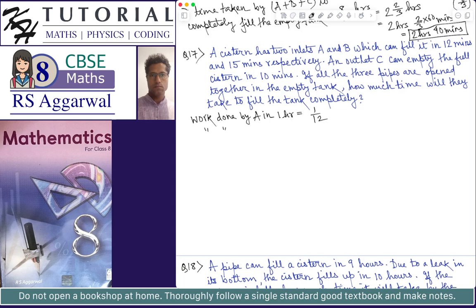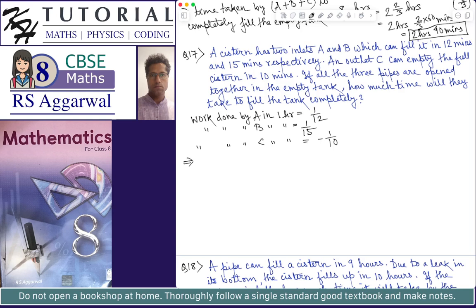Similarly, work done by B in 1 hour is 1 by 15, and the tap C is an outlet, so the work done in 1 hour by the tap C will be negative, that is minus 1 by 10.